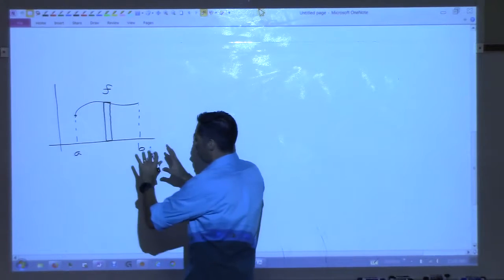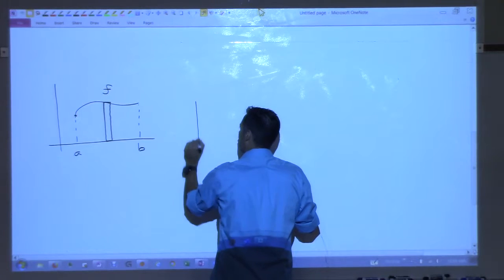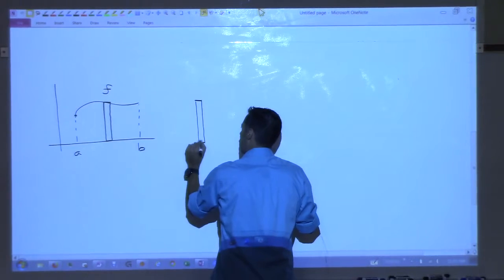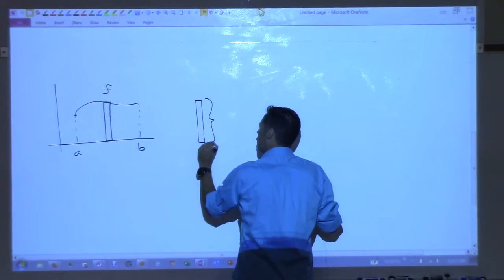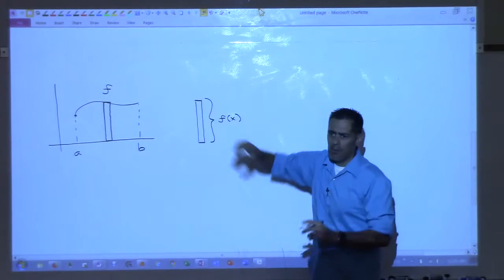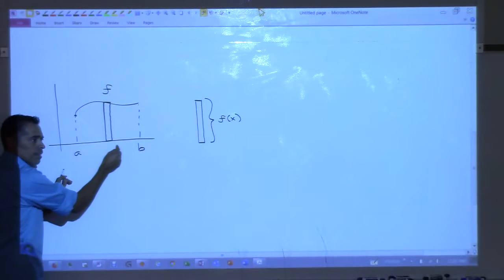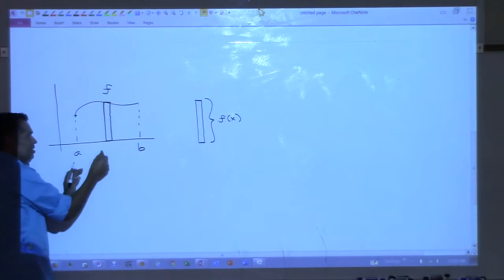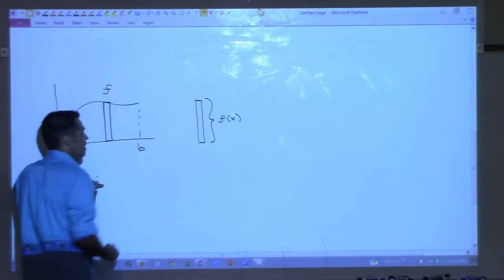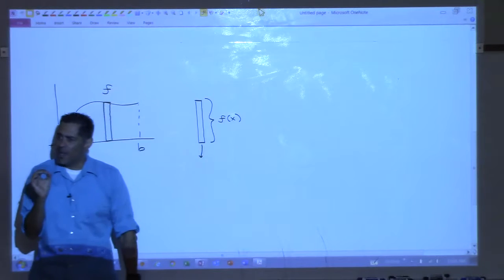That's how we'll do it. But in terms of notation, if I look at that little rectangle by itself over here, the height of that rectangle is the function's value, right? So the height of that rectangle is the function's value at certain points within the interval, right? But generally it's just the height is the function. And then the width of the function was always the same, wasn't it?